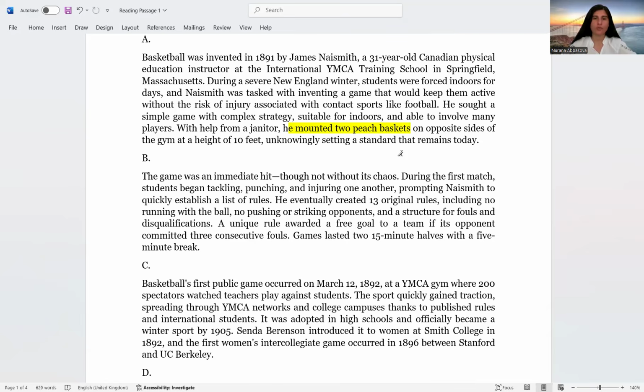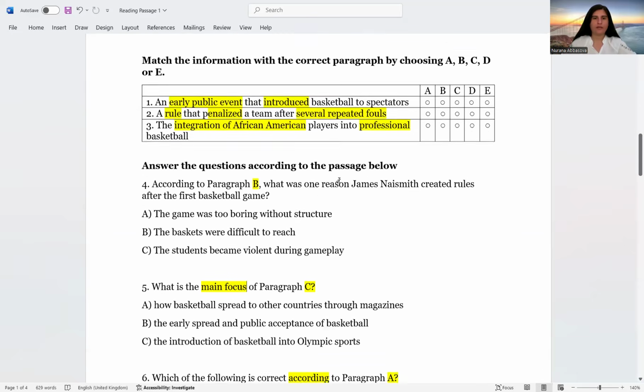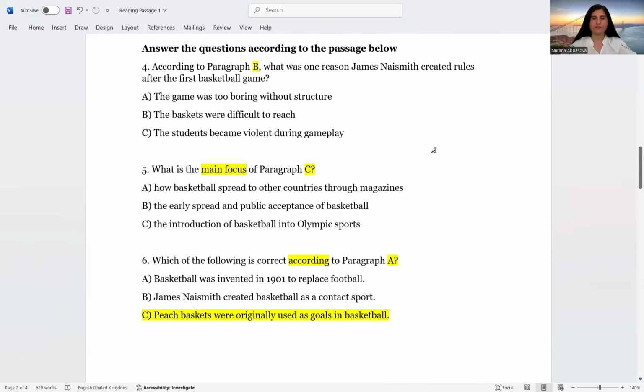A unique rule awarded a free goal to a team if its opponent committed 3 consecutive fouls. Games lasted 2 15-minute halves with a 5-minute break. Now, please, give the answers.